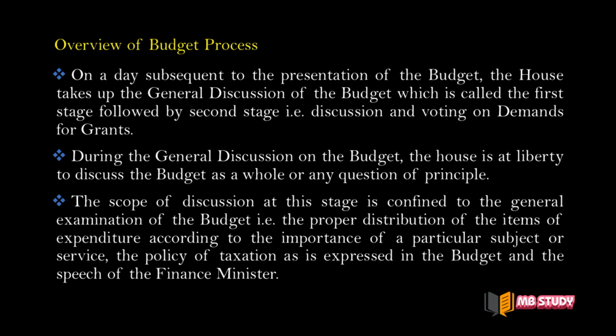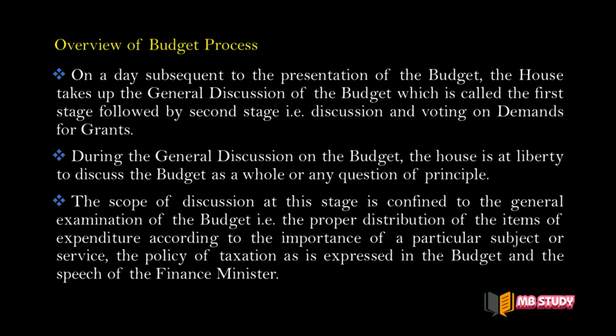Overview of budget process. On a day subsequent to the presentation of the budget, the House takes up the general discussion of the budget, which is called the first stage, followed by the second stage, that is, discussion and voting on demands for grants. During the general discussion on the budget, the House is at liberty to discuss the budget as a whole or any question of principle.